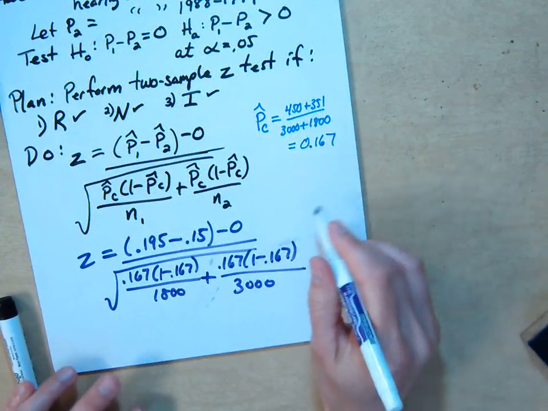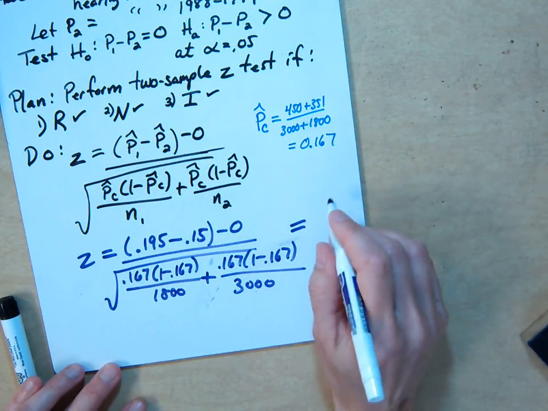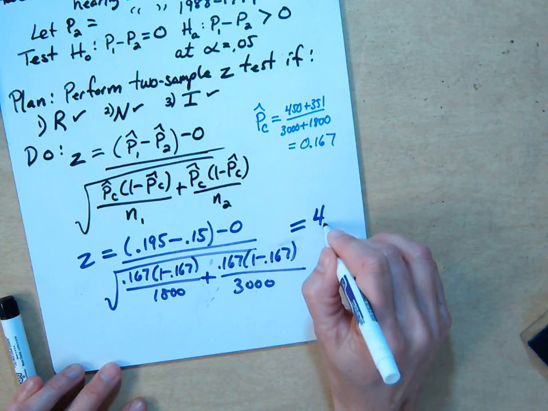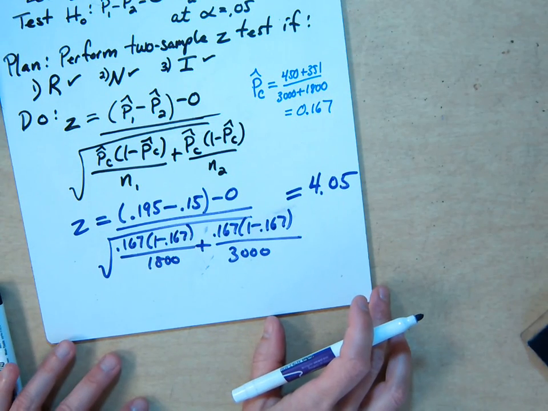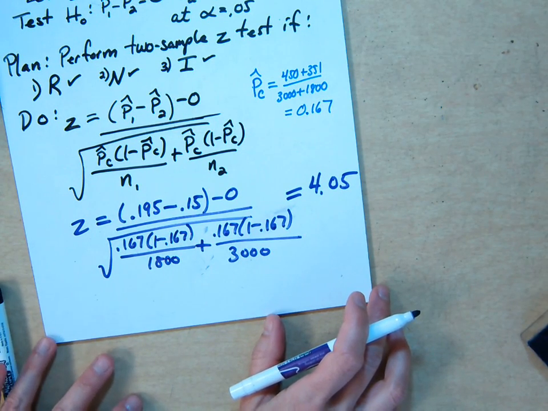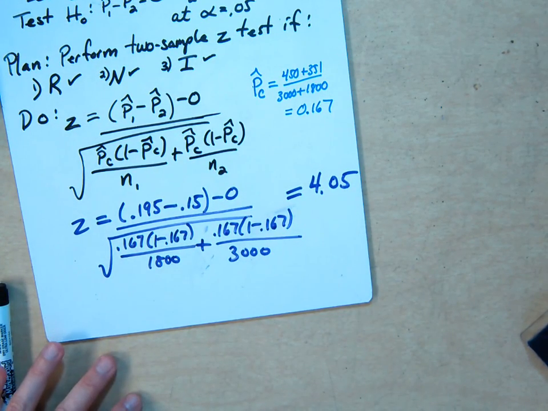And if you have any problems typing that in your calculator, please ask me for help. I'm not judging you. And you should get 4.05 for your Z value. And that is large. And there's not going to be much area under the curve there.